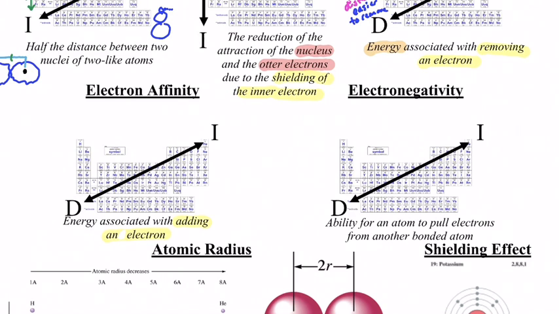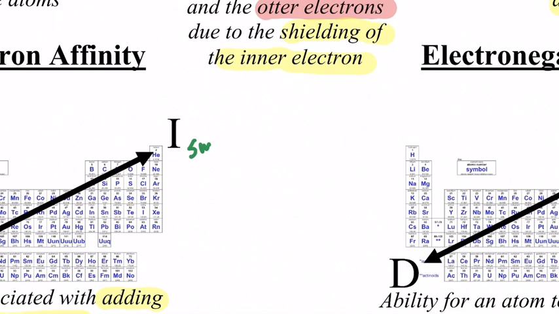So the reason why you can add an electron easier in the upper right is because it's smaller, and it has greater nuclear charge. So that's why it's easier.